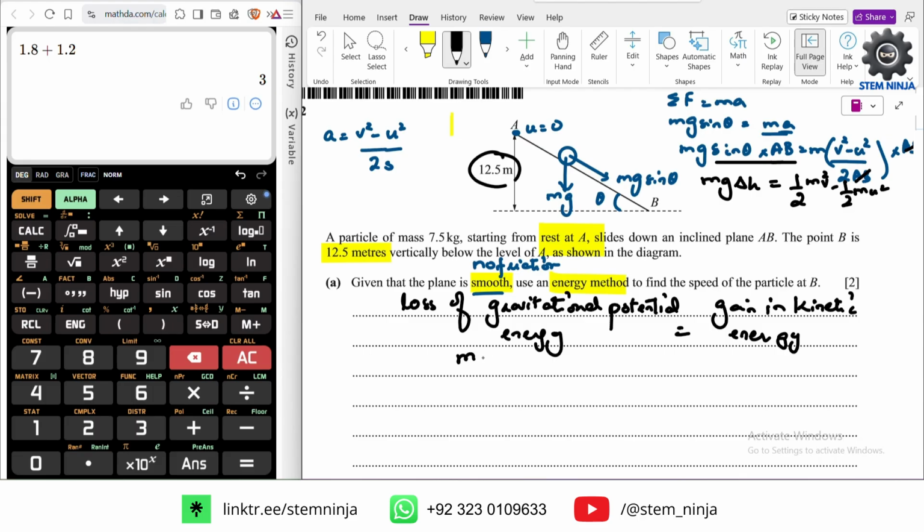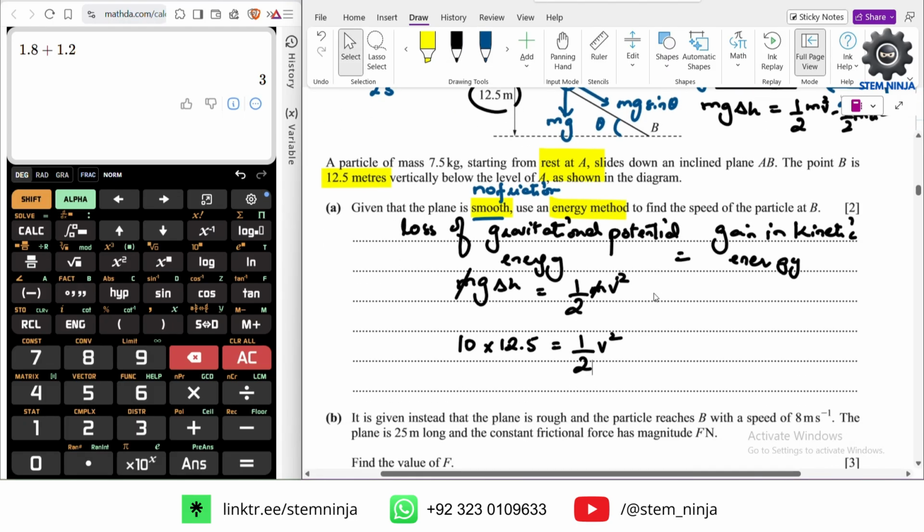So mg delta H is equal to half mv squared, and we don't need u squared because this is already 0. The mass and mass get cancelled. This is 10 times 12.5 equals half times v squared. So we can actually solve this.